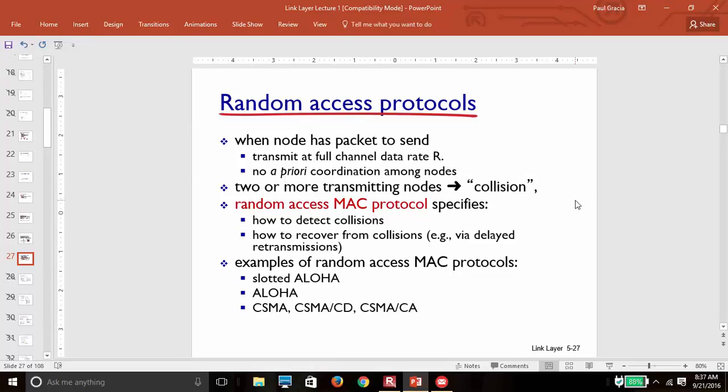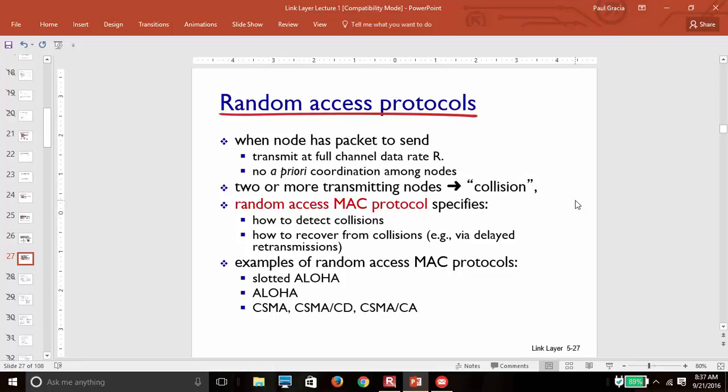The advantage of a random access protocol is that when a node has a packet to send, it can transmit at the full channel data rate of R. There's no a priori coordination among nodes, unlike before, where you had to share time or frequency.